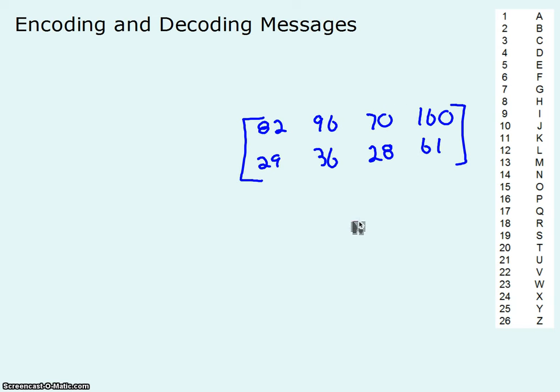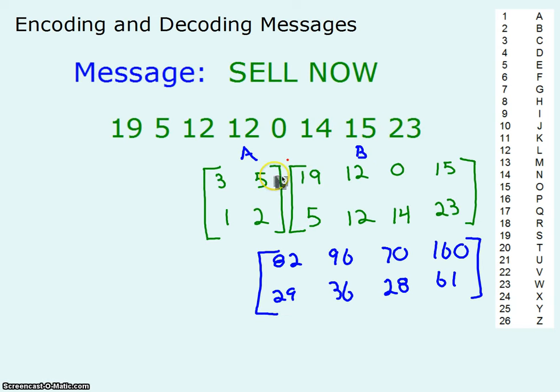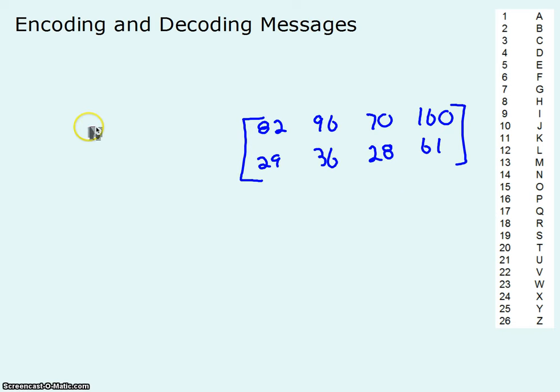But I need to know, hey, what was that original coding matrix? So let me go back and look at that. That was 3, 5, 1, 2. Or if you like to read down, 3, 1, 5, 2. That was my coding matrix.